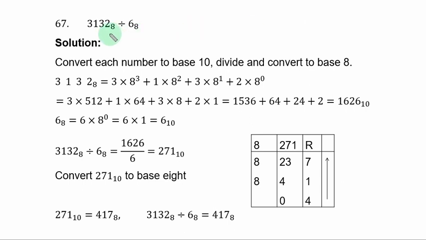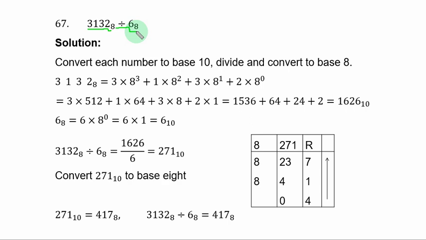Example 67, you have 3132 base 8 divided by 6 base 8. To divide numbers in number bases, the easiest way is to convert each number to base 10.